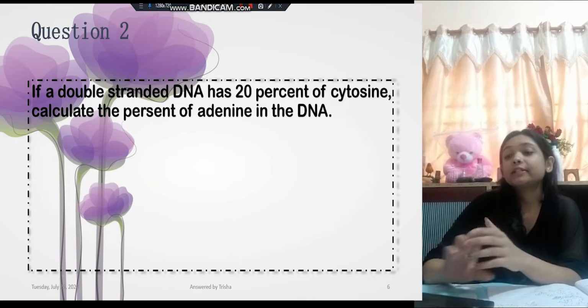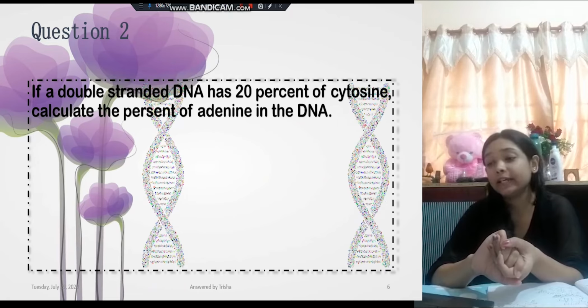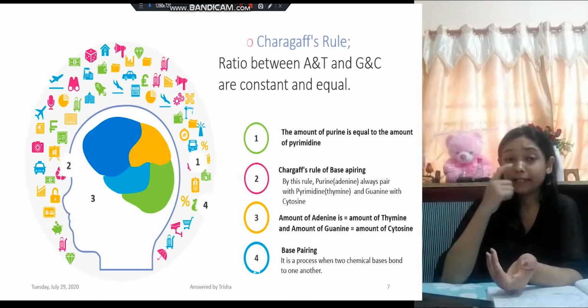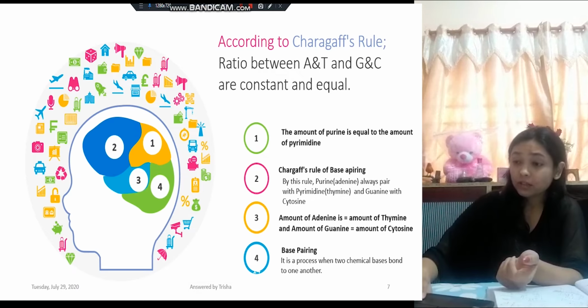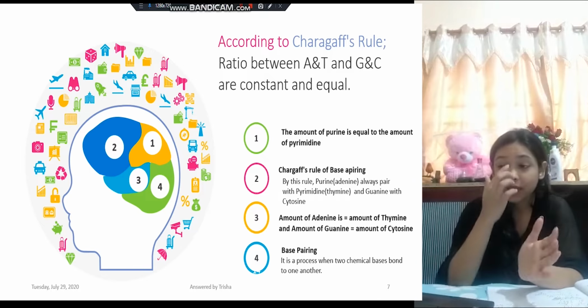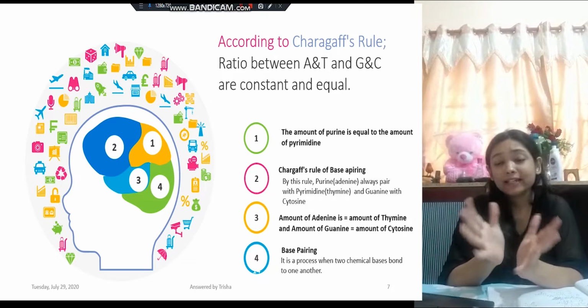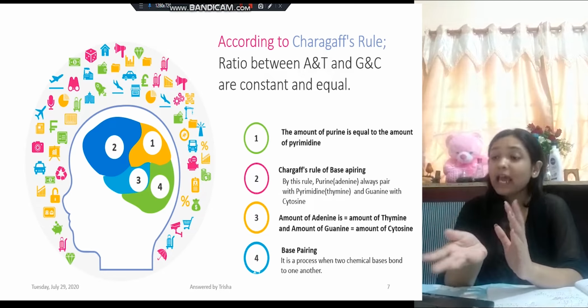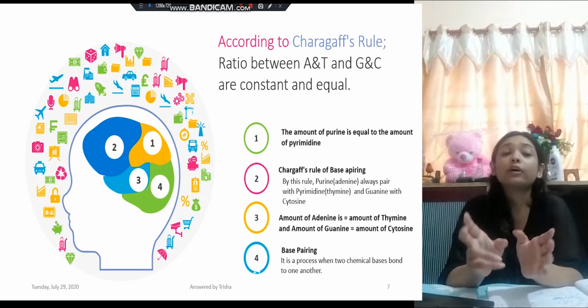The second question is: if a double-stranded DNA has 20% cytosine, calculate the percent of adenine in the DNA. We can answer this on the basis of Chargaff's rule. Now, what is Chargaff's rule? It concerns the ratio between adenine and thymine, and guanine and cytosine, and it says that these ratios are constant and equal.